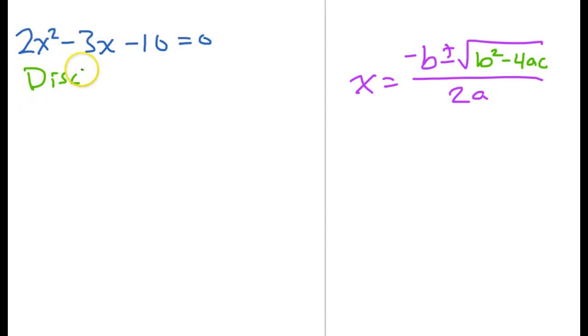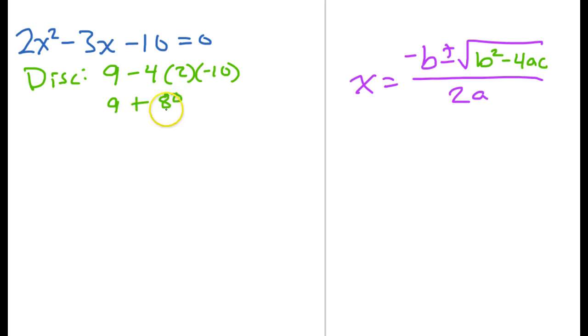So the discriminant is going to be b squared, so that's 9, minus 4 times 2 times negative 10. So that's going to be 9 plus something. I see we have a negative times negative, so that's going to be a positive. Anyway, 4 times 2 is 8, times 10 is 80.